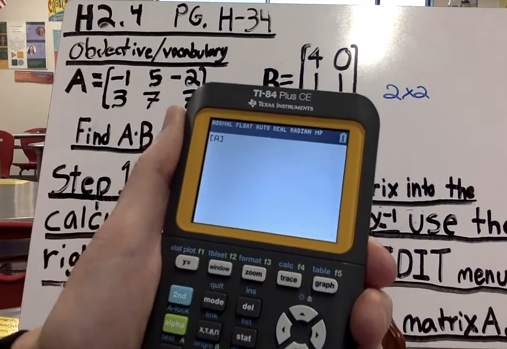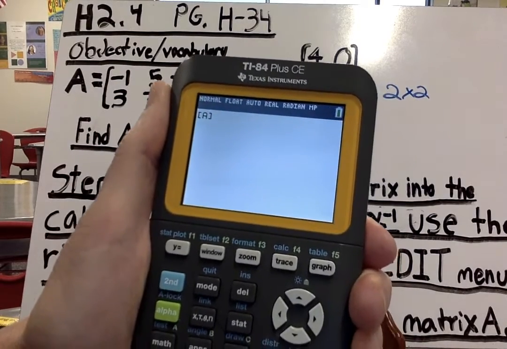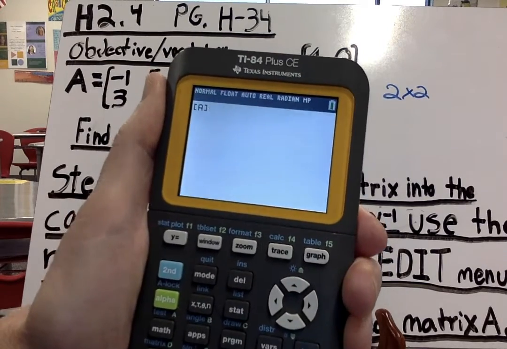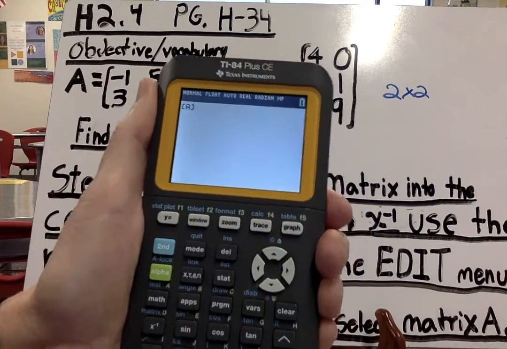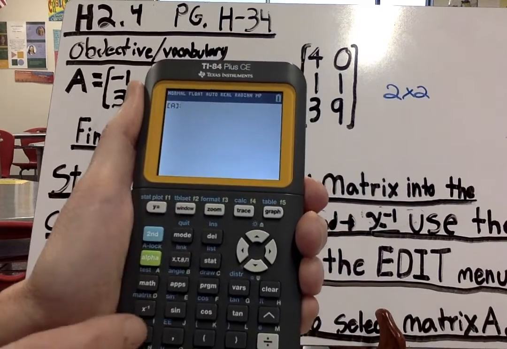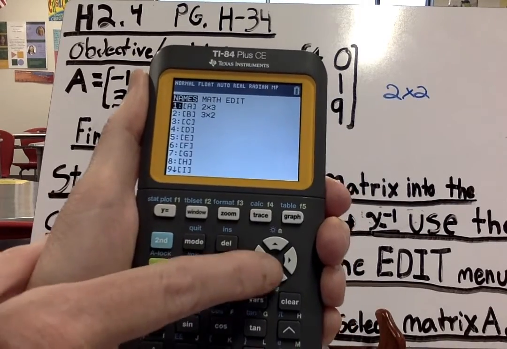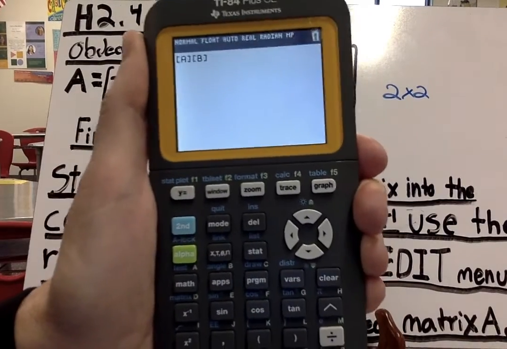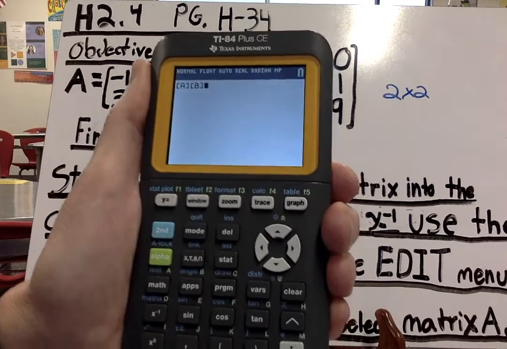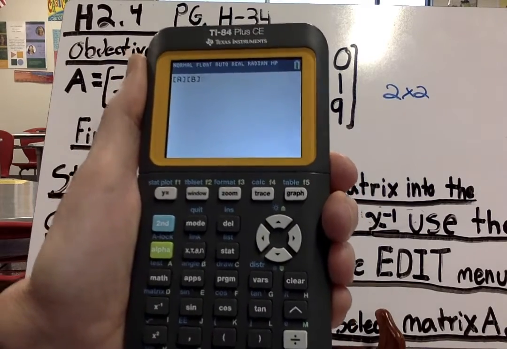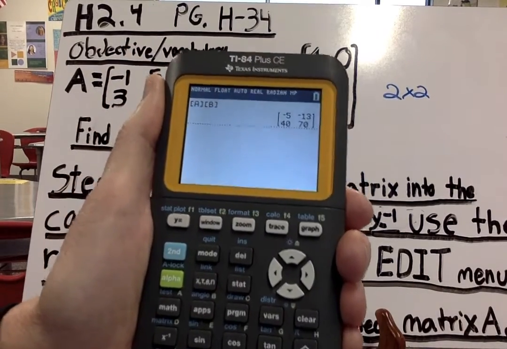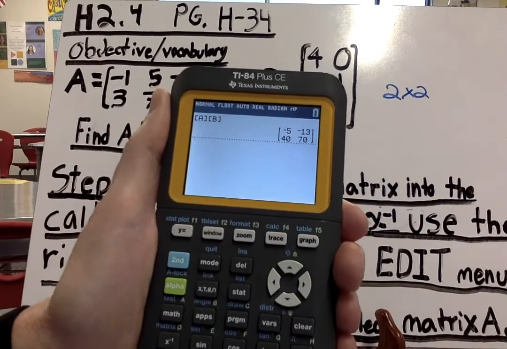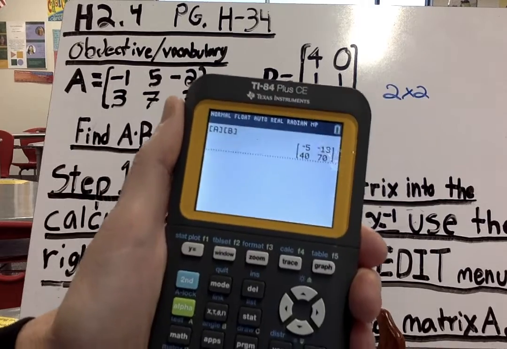I'm going to enter A. Next, we're going to go back and select B. So I'm going to go second to the matrix and go to B. Push enter. Now you should see A and B in brackets. Now when I push equals, it should multiply. Okay, so there is our 2 by 2 matrix for A times B.